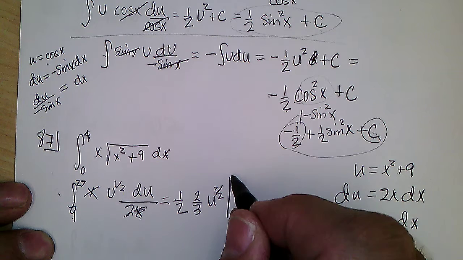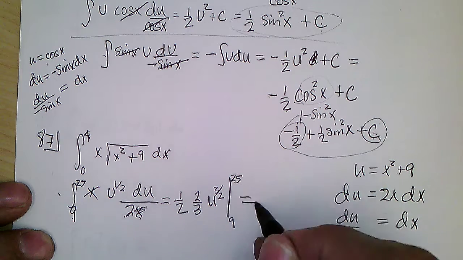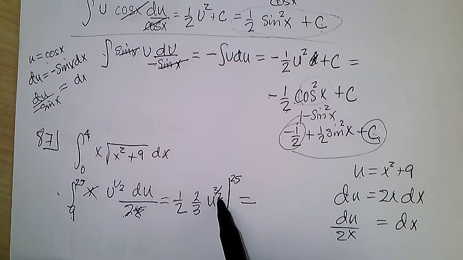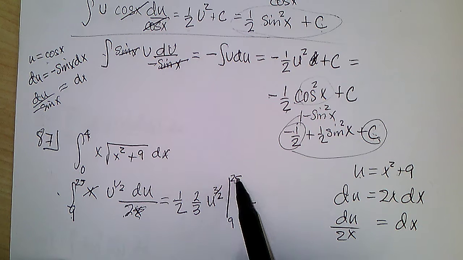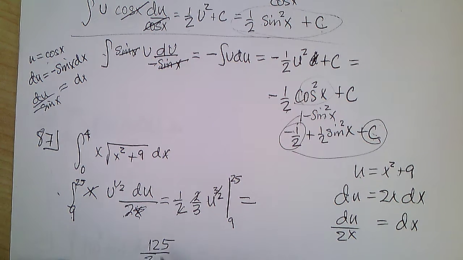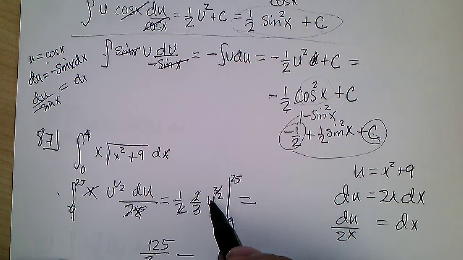And since I changed the variables, I could stay in u, from 9 to 25, which is going to be square root of 25 is 5, cubed is 125. These two's cancel. So I got 1/3 of 125 minus, and I put 9 in there, and square root of 9 is 3, cubed is 27 over 3, which is just 9.